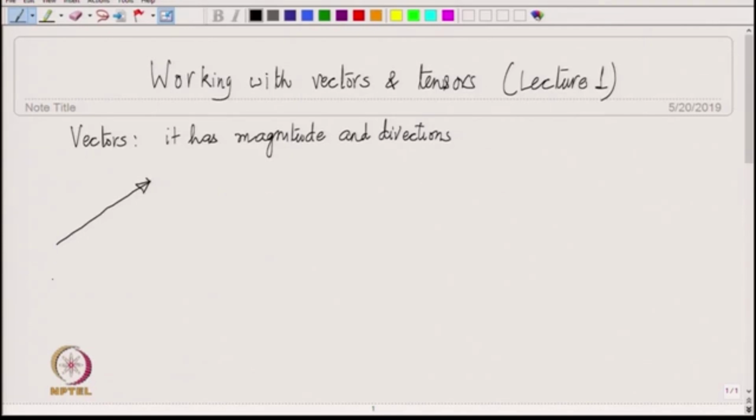The length of the arrow is the magnitude and the direction is the arrow itself, is not it? All right, that is the basic concept, but more important, a vector is independent of the coordinate system.